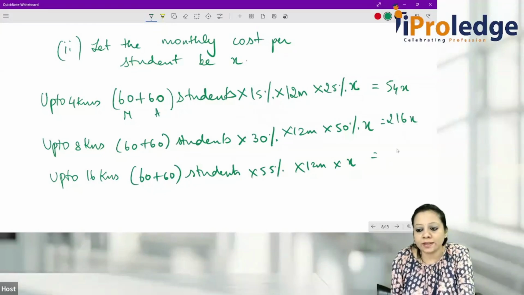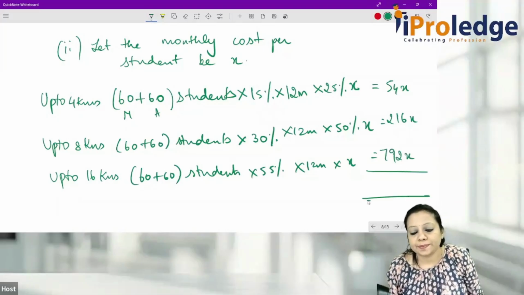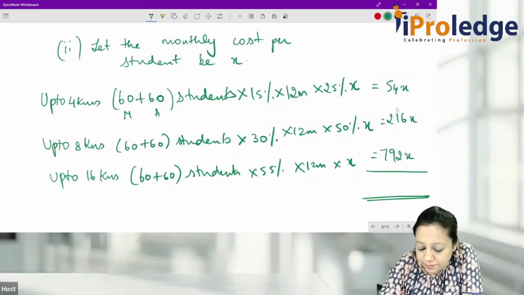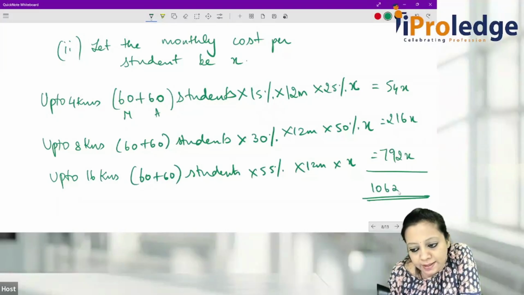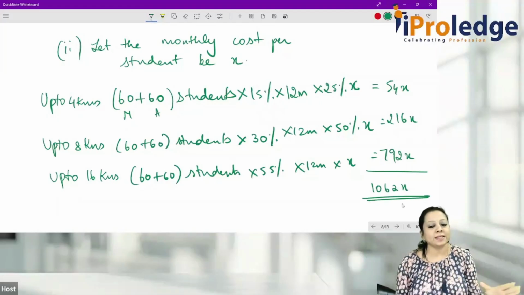Are you getting 792X? Yes. Okay. So 54 plus 216 plus 792, that is 1062X. So for those of you thinking, ma'am, how this logic will strike me in the exam, very simple.